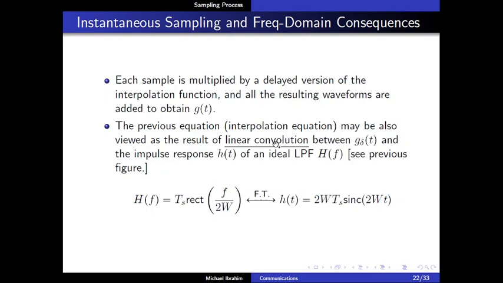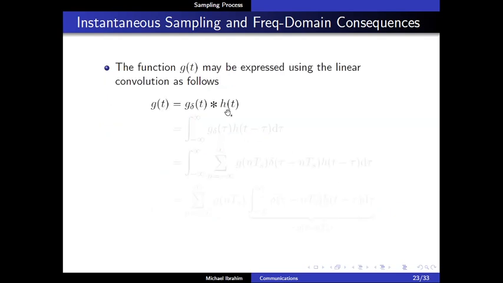So if we do the linear convolution between h of t and g delta of t, we supposedly will obtain g of t, the continuous time signal. How's that? As we have seen in signals and systems, multiplication in the frequency domain corresponds to linear convolution in the time domain.